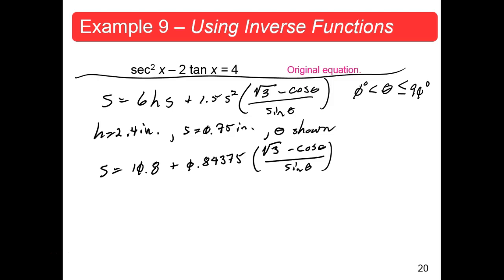I can think of one word that works really well. There may be others. I would say isolate. Get it by itself. Get everything else on the other side. Okay? Ultimately, that's what you're trying to do, if it's not in a squared form anyway.